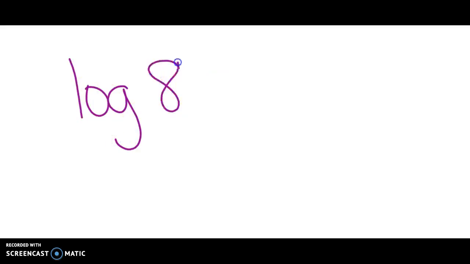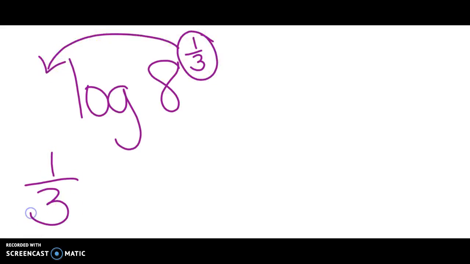Let's try another one. Let's say you want to find the log of 8 to the 1/3, which is basically the cube root of 8, right? So your exponent's going to come over here and it's going to jump over there and it becomes 1/3 times the log of 8.